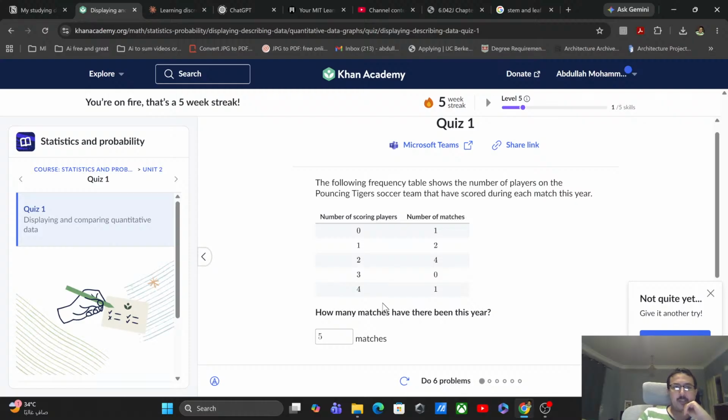How many matches in a soccer team? 5, 7, 8. 8 matches.